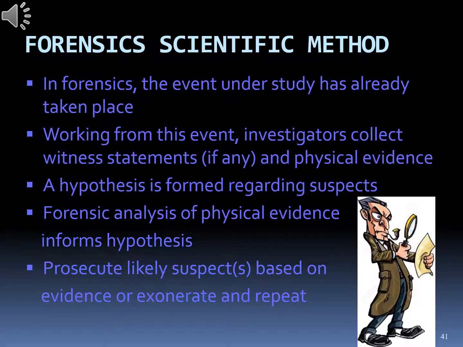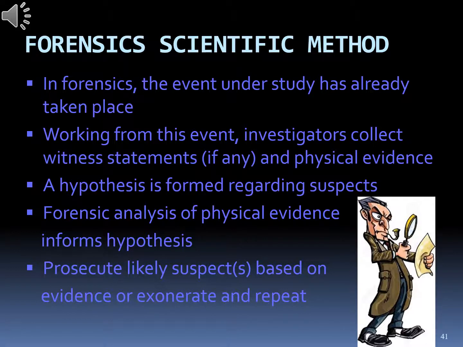Investigators will collect witness statements, if there are any witnesses available, and we'll listen to them. Sometimes witnesses are credible, sometimes they aren't. There'll also be a collection of physical evidence. There's always physical evidence, and physical evidence cannot be wrong, although it can be misinterpreted. Witnesses can be wrong, but physical evidence can never be wrong, though unfortunately its interpretation can be incorrect.